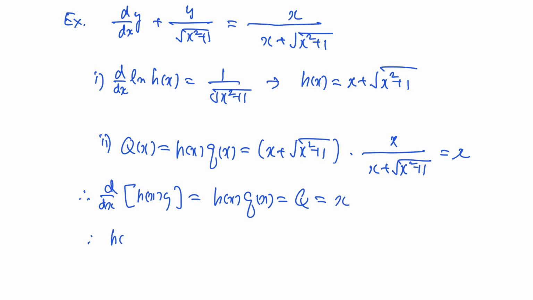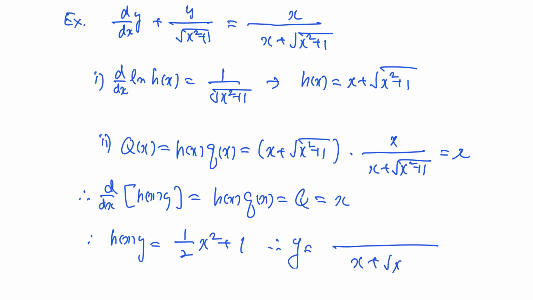Therefore, h(x)y is 1/2 x squared plus c, or y is x plus square root of x squared plus 1 times 1/2 x squared plus c.